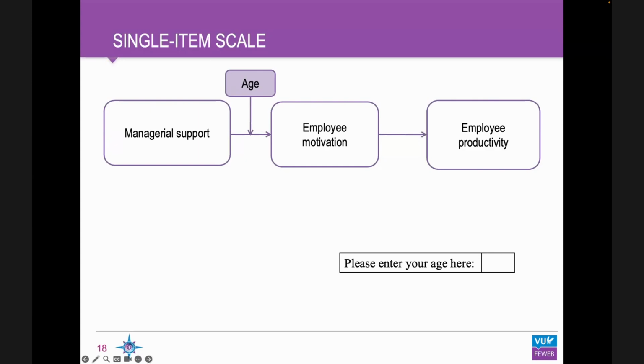So people with a high level of the construct behind it would, for instance, answer agree in the case of a Likert scale. And if you have a formative scale, the items measure different dimensions of the construct, in which one dimension can be measured with more than one item as well.